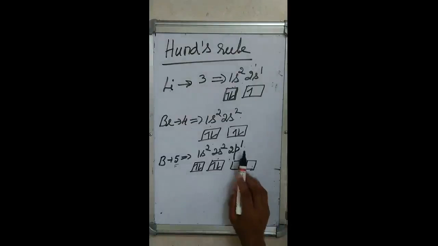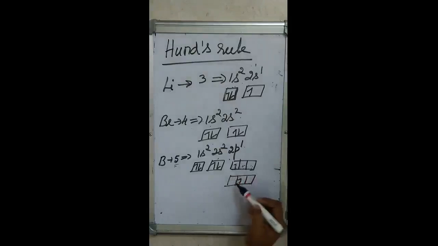Now here this 1 electron I will fill like this, or same, even I can fill here also, no problem, because each orbital of the p subshell has equal energy. If I consider this is 2px, 2py, 2pz, the energy of 2px is equal to 2py, and the energy of 2py is equal to 2pz.